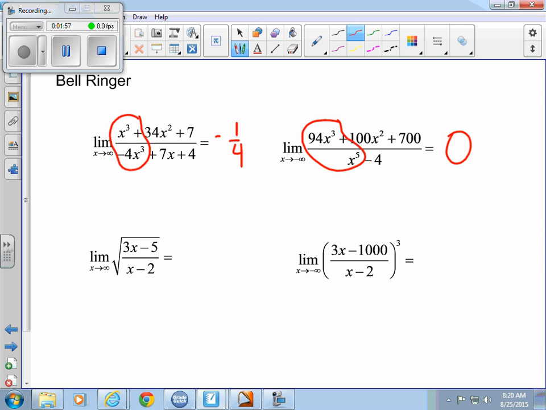The limit as x approaches infinity. On the next one, what's the only thing that matters? This, right? That's the highest power. There is still a square root in there. It doesn't go away. So essentially I have the square root of 3x over the square root of x. What does that approach as x goes to infinity?